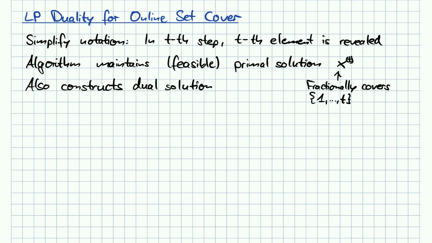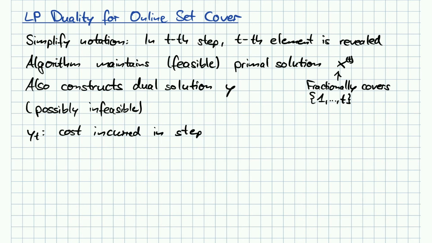This dual solution is possibly infeasible. We'll call this y, and yt is how we think of the cost that we incur in the tth step.